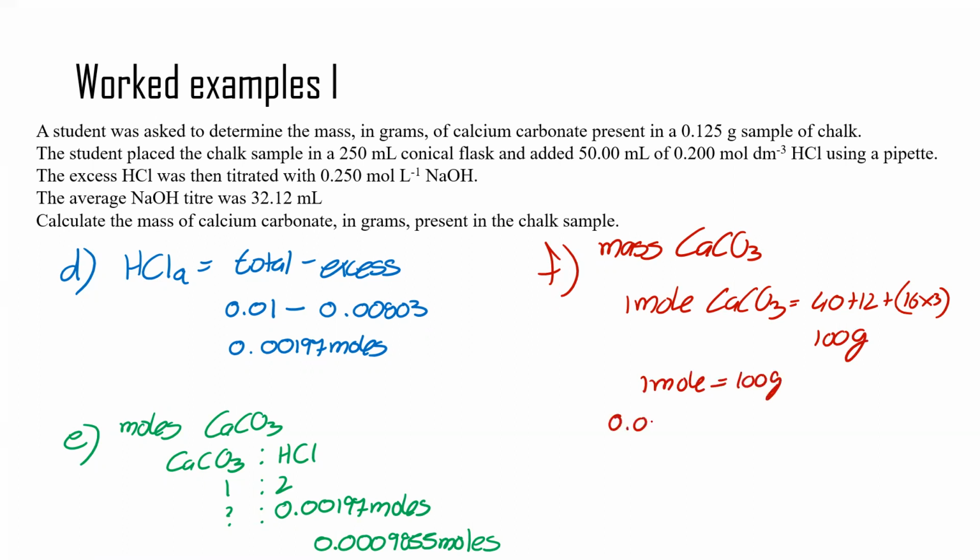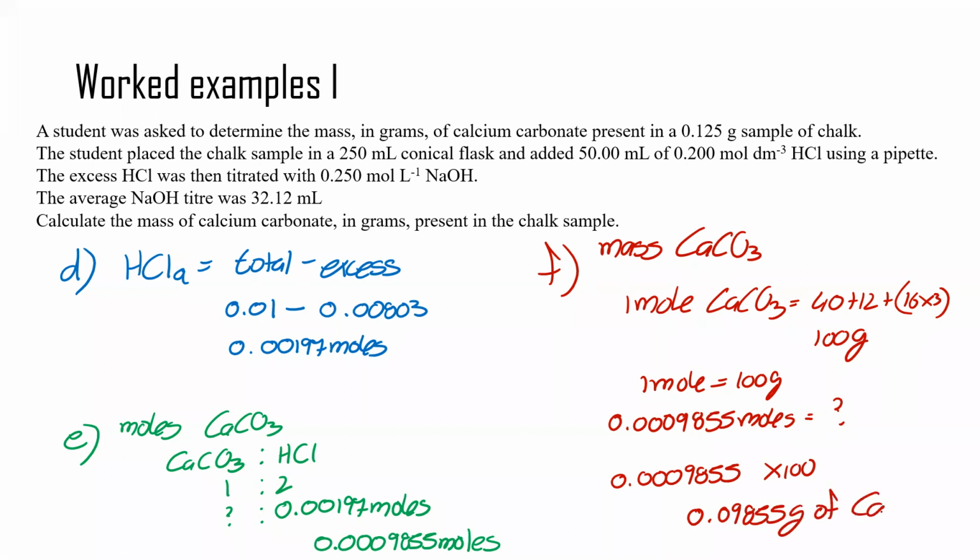Therefore, 0.0009855 moles equals how much? And that would be 0.0009855 times 100, which is equal to 0.09855 grams of CaCO3.